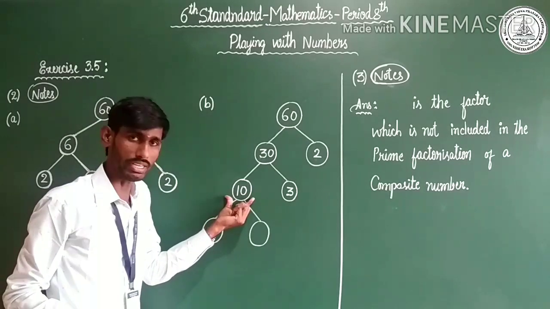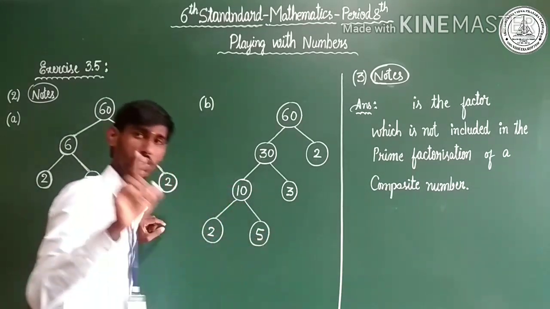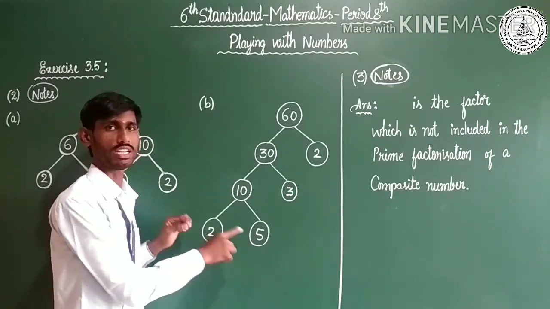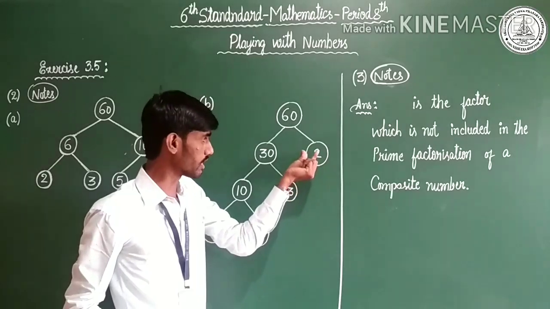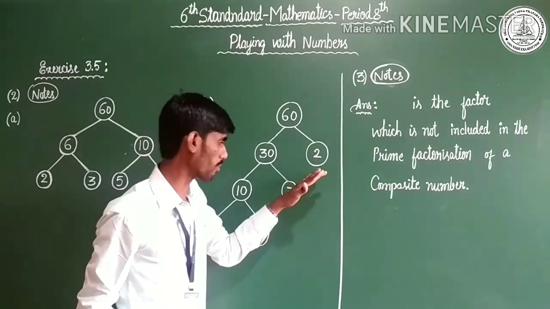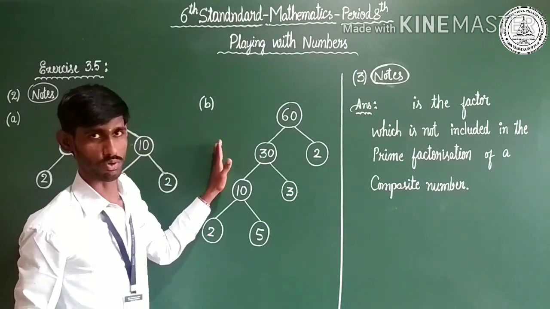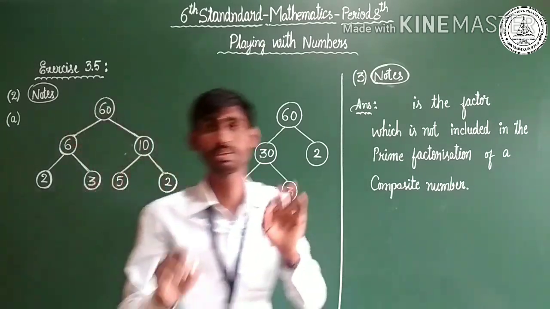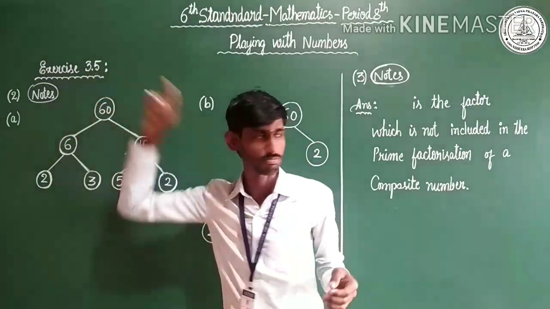Next, 10 can be written as 2 times 5, otherwise you may write 5 times 2. It's not a problem. It's not possible to divide further, so they are prime numbers, and the problem is solved. This is the first question, second sub-question. These two questions must be solved in the notebook. Clear?